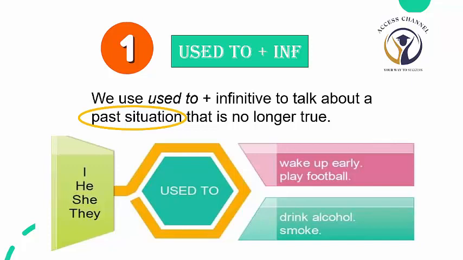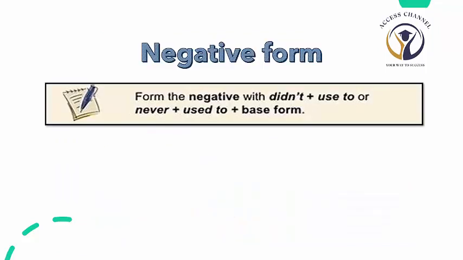Okay, before we take more examples, let's see together the negative form of used to. Used to has two negative forms. The first one is didn't plus use plus to.